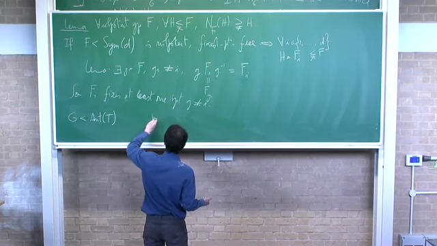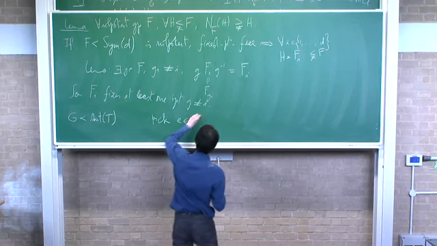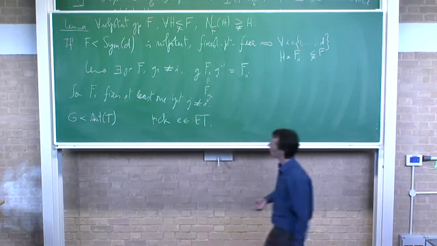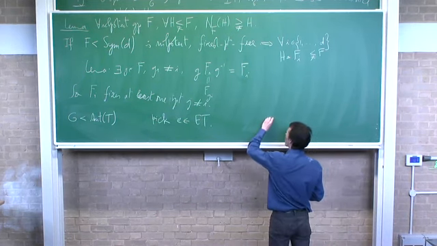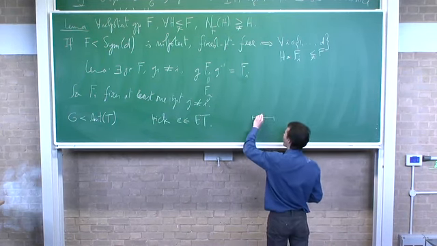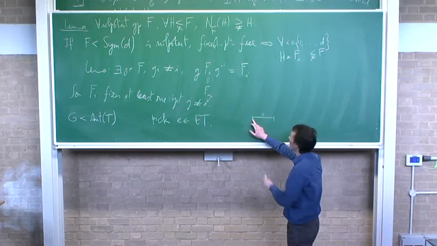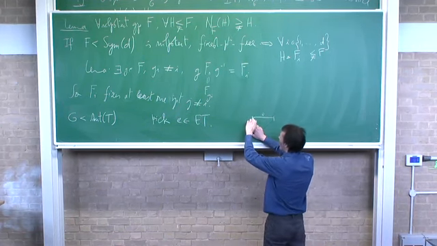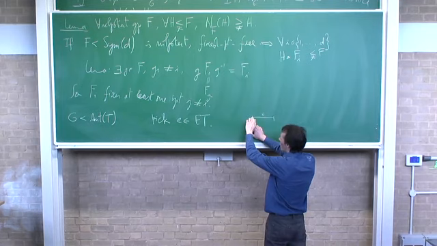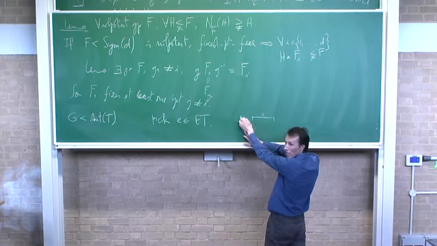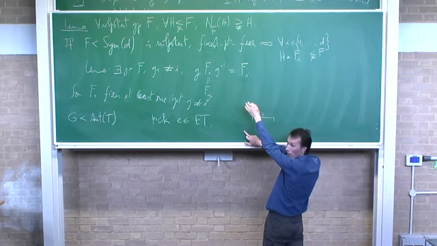Then pick an edge and look at the stabilizer of that edge. I know that the local action around this vertex is nilpotent fixed point free, so I can apply what I know.